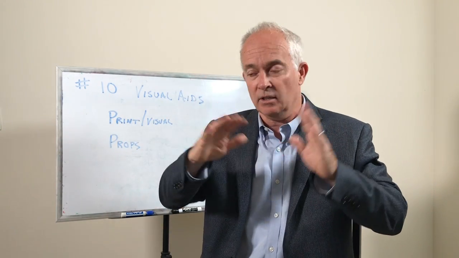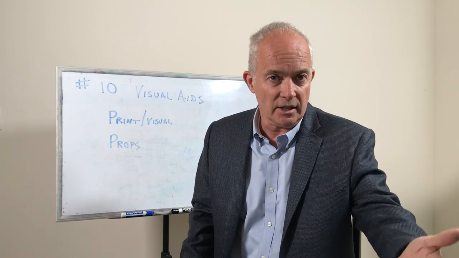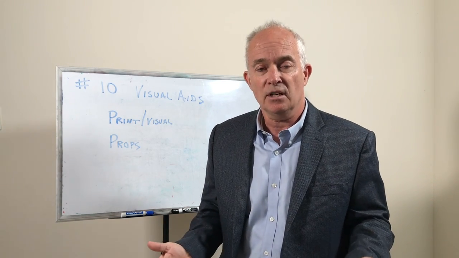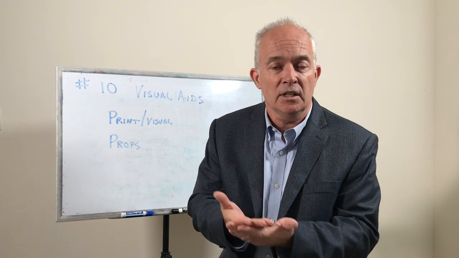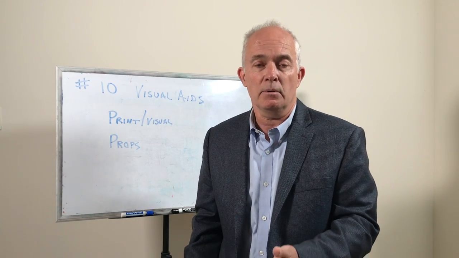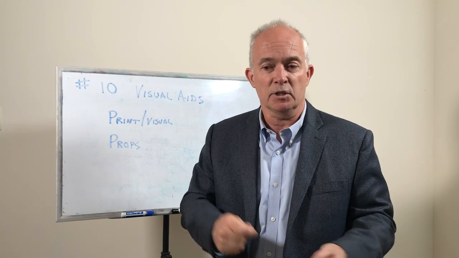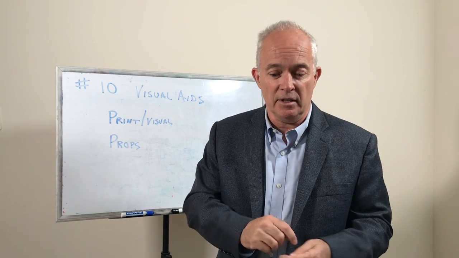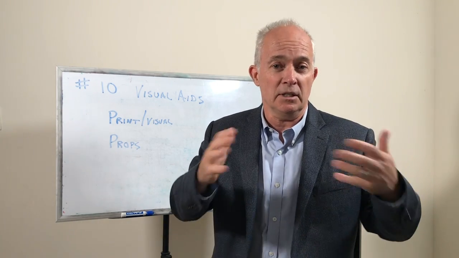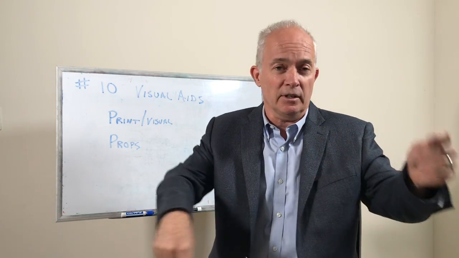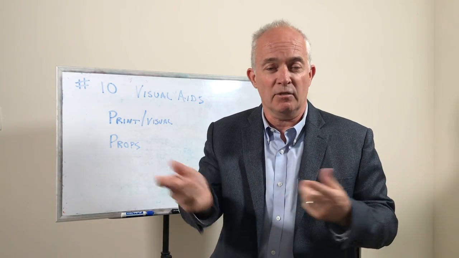I know that sounds hard. Some of you are not going to like that because there's lots of information. If you have detailed information, give it in a handout, most likely after you're done with the presentation so it doesn't interrupt your speech. In fact, I wouldn't hand something out that can make sound, because that sound is going to be rippling through the audience if they have more than one page.